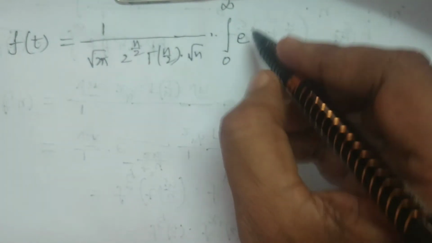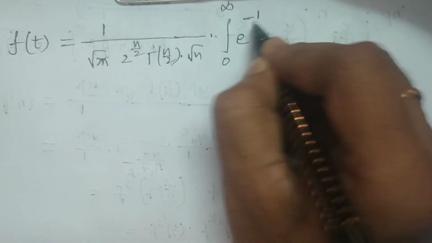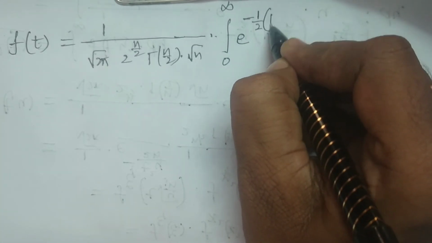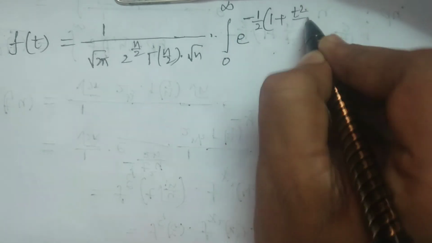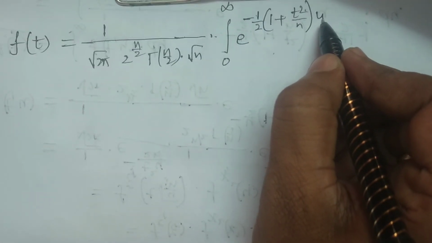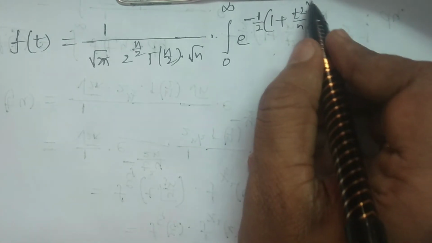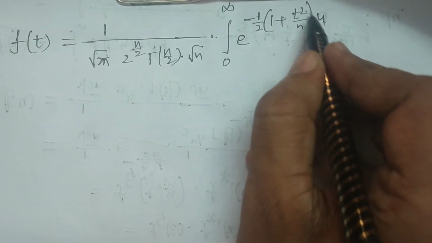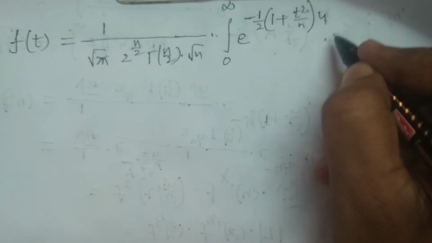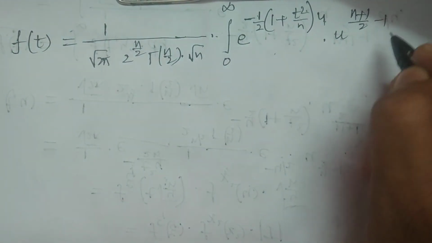That is the integral from 0 to infinity of e power minus 1 by 2 multiplied by 1 plus t square by n multiplied by u, minus u by 2, I take u here. This entire thing in the exponent, you consider as a, and u power n plus 1 by 2 minus 1 du.